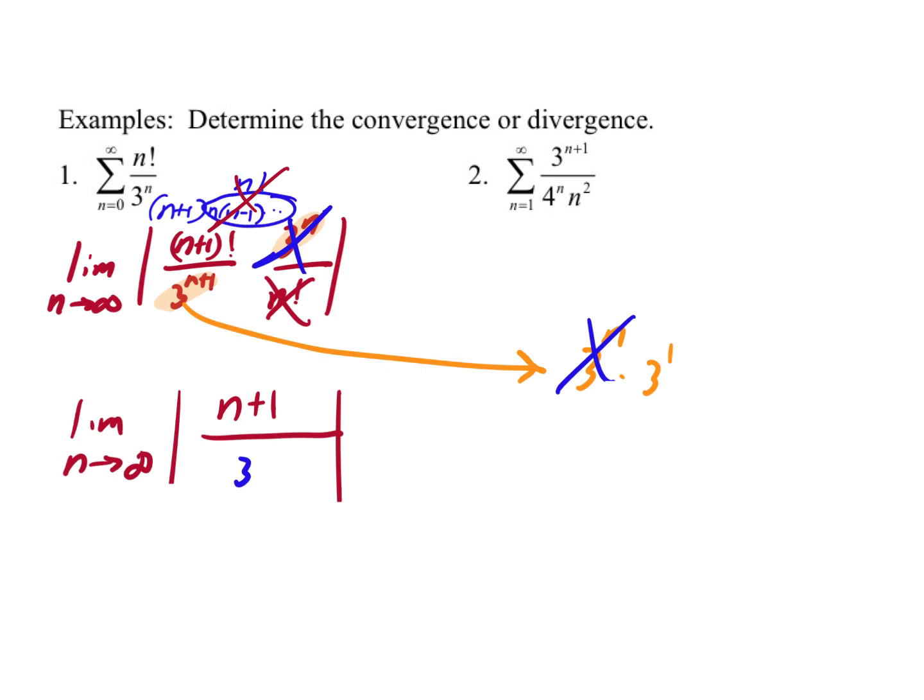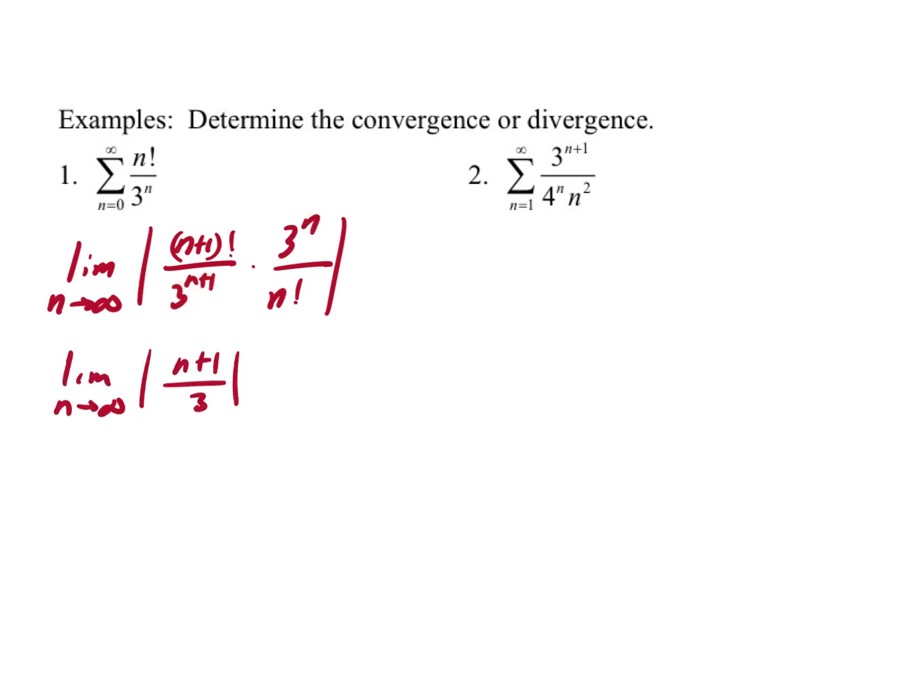All right. So where we're at with this, when I find the limit, the only thing we're really concerned about at this point is n, because as n grows infinitely large, the 1 and the 3 become inconsequential. So what is the limit of this? Infinity.